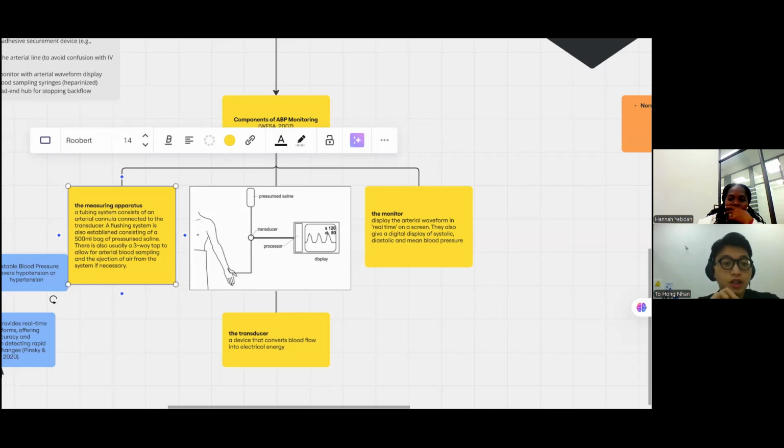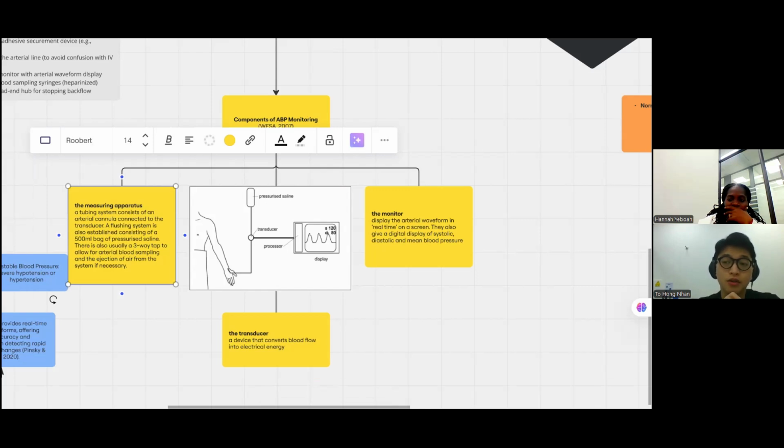The flushing system also consists of 500 milliliters of pressurized saline or heparin saline to prevent coagulation. There's also a three-way tap to allow for arterial blood sampling in urgent and emergency testing as we need.